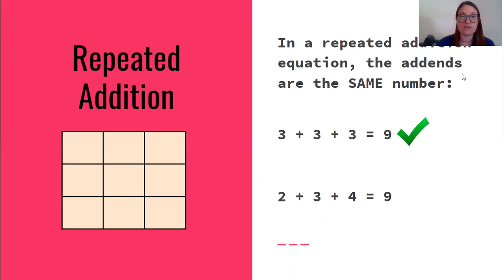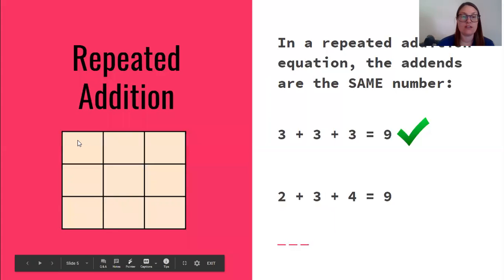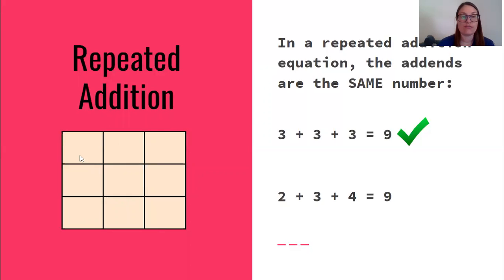I'm just going to move myself over here. When we're talking about repeated addition, in a repeated addition equation, the addends are the same number. So if you look at this array here, okay, there are 3 columns going up and down. There are 3 rows going side to side.